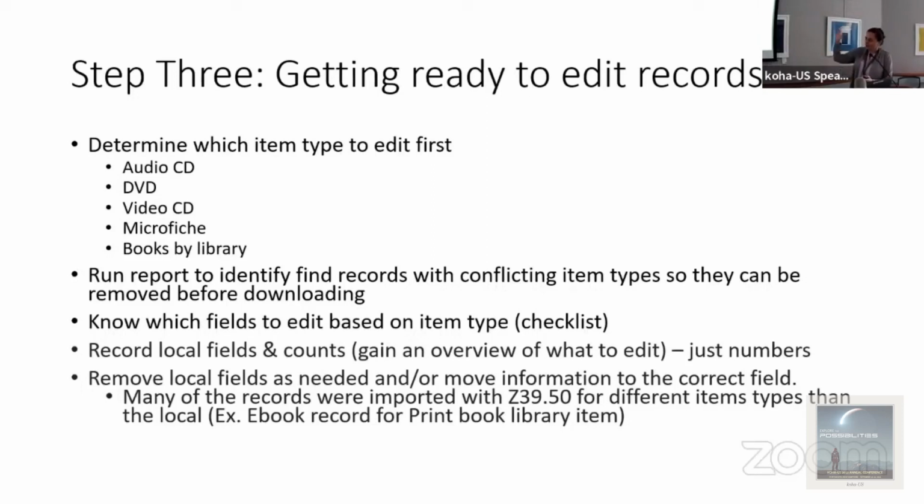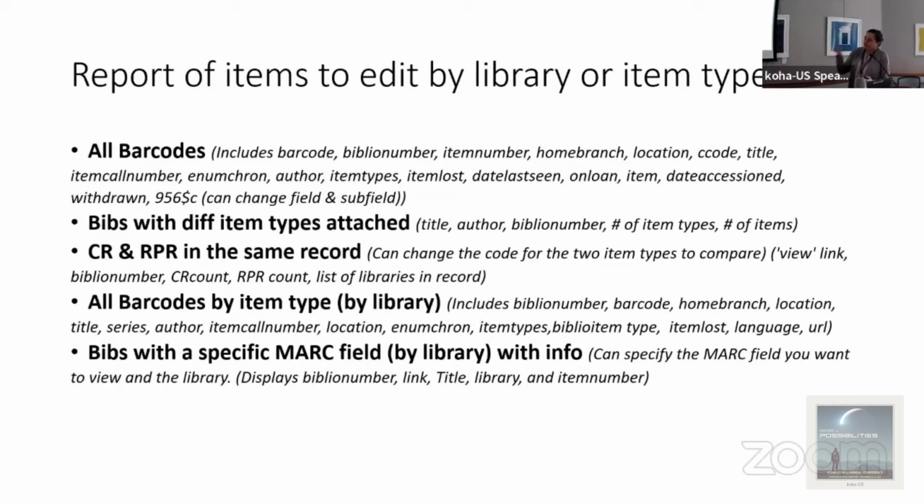So knowing what to do, I had my checklist and created local counts for everything. These are some of the reports. One of them near the end, it's over 200 mixed materials, and we made the decision we want only one item type on a record, and I have 200 that have two item types on the record.